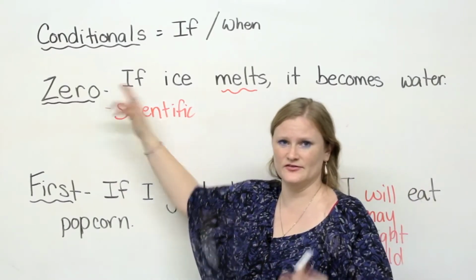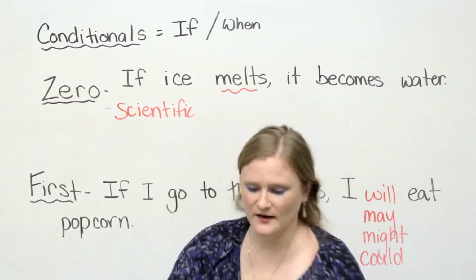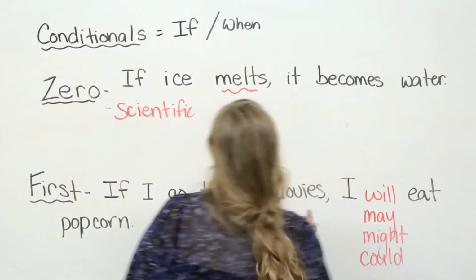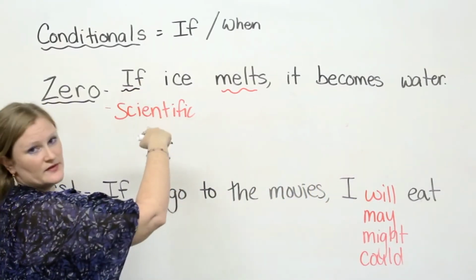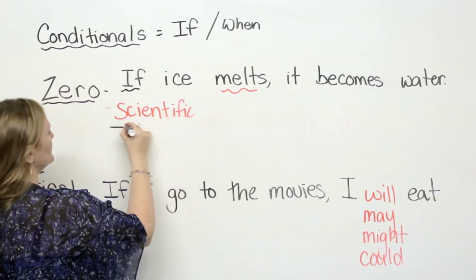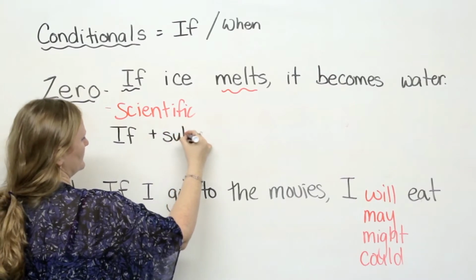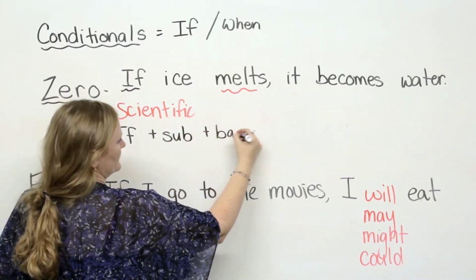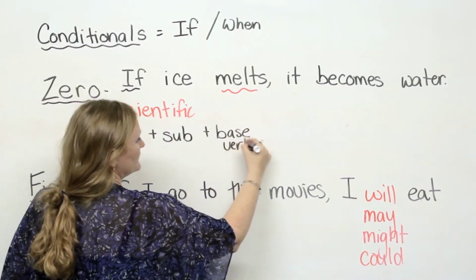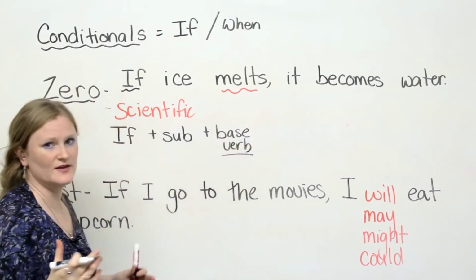How do you make conditionals? This is the fun part. As I told you, conditionals usually start with if, or we can use when. So a zero conditional is if plus the subject plus the base verb. Now it's very important that you do not use any other verb.